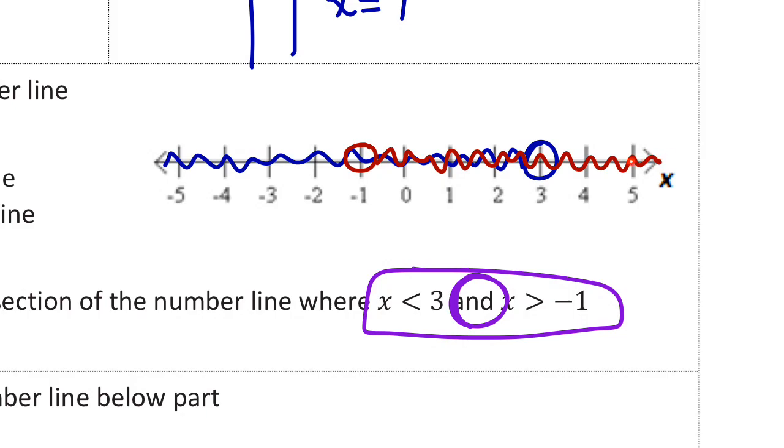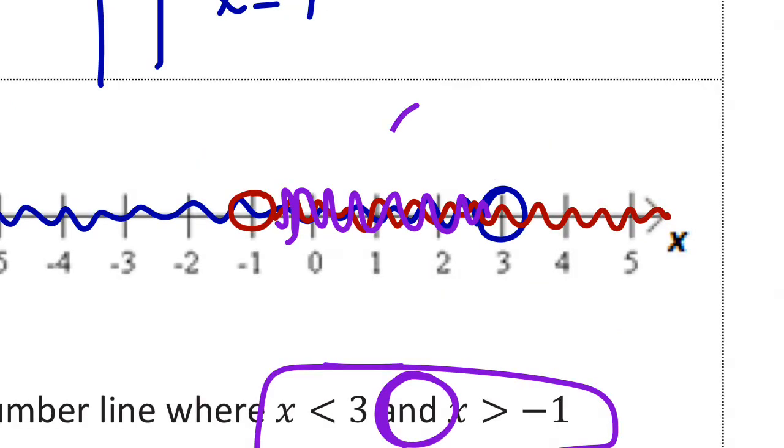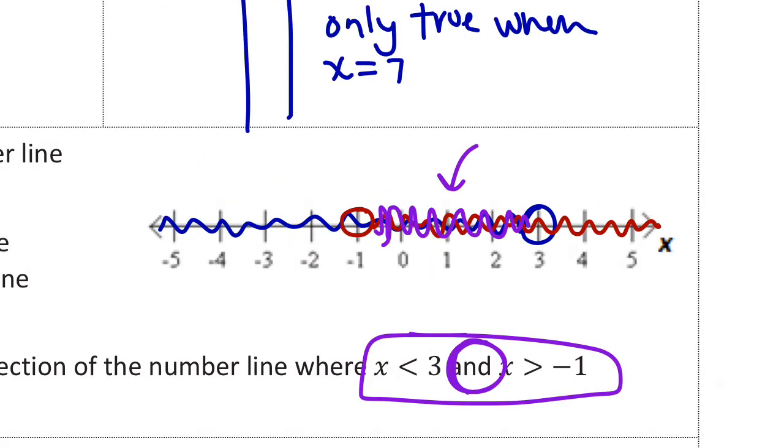If I look at this graph, I can see where both of them are happening because I've done it in different colors, and I can clearly see I have red and blue here. So I'm going to shade it in because this is where both of them are happening.